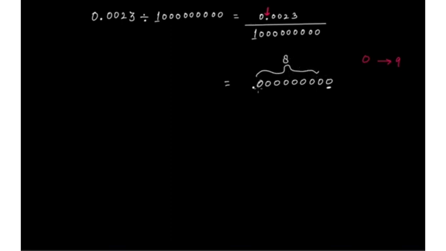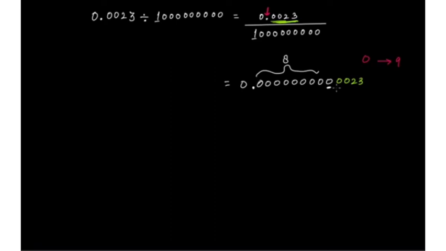You write 8 zeros and put this decimal point here and write the remaining number, that is this. Don't forget this. This is 0023. Again, to the left of this decimal point, you have to count 9 digits. You already have 1 zero here. Now, to compensate for that, you have to put 8 zeros, and then put the decimal point here.